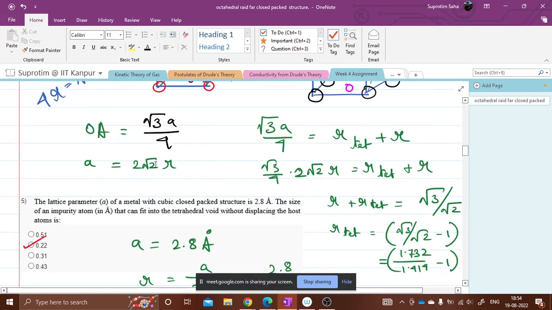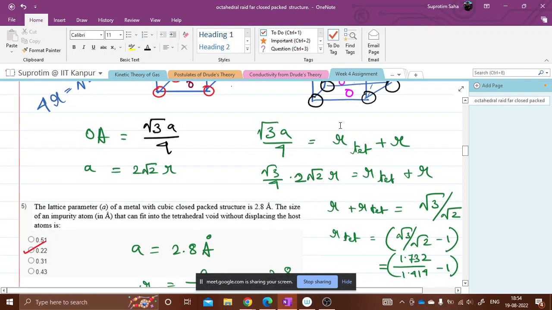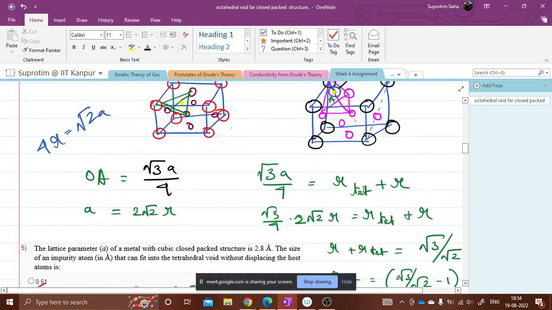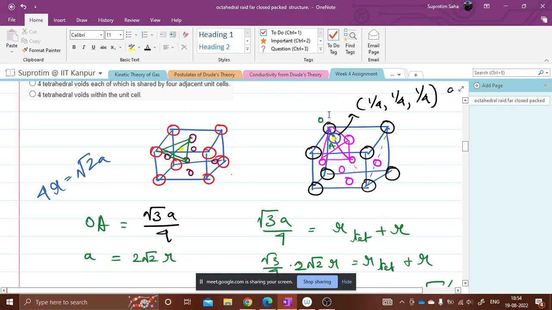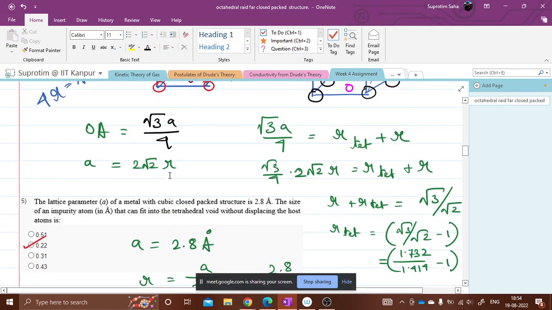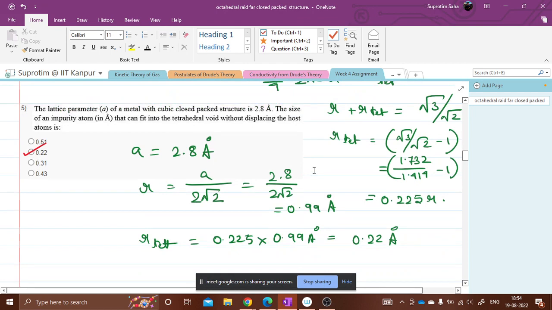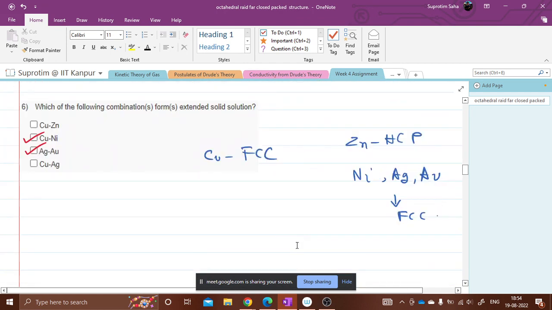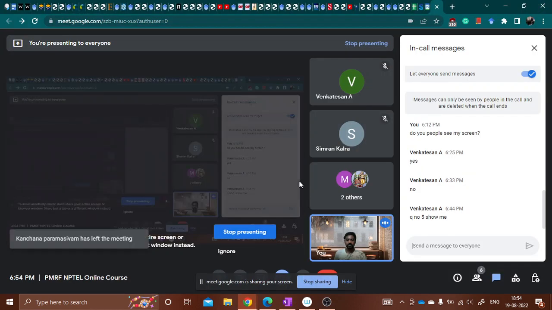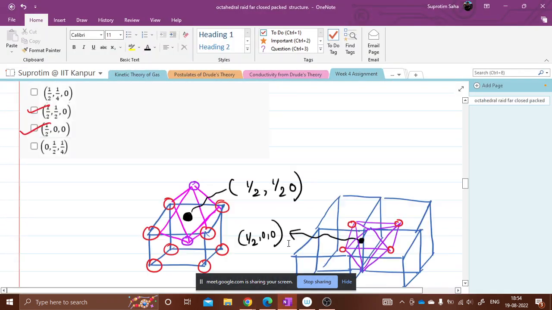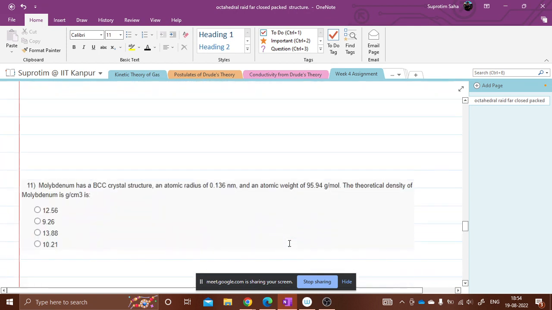So from this you get a equals root 2 R, and the rest is simple calculation. So the OA distance, that is 3a by 4, is the composition of this radius and the void atom radius. So just proceeding on to get the answer. I hope it's easier to you, Venkateshan. And let me move on to the next question.